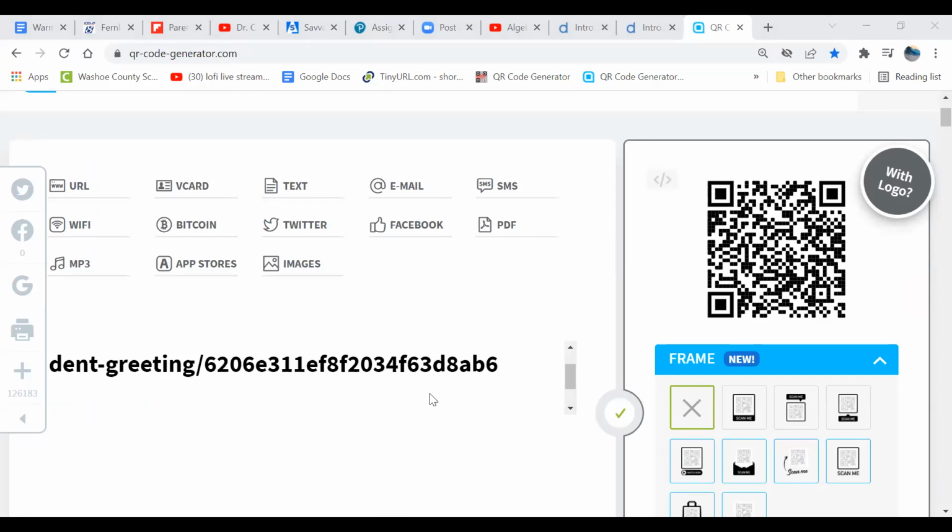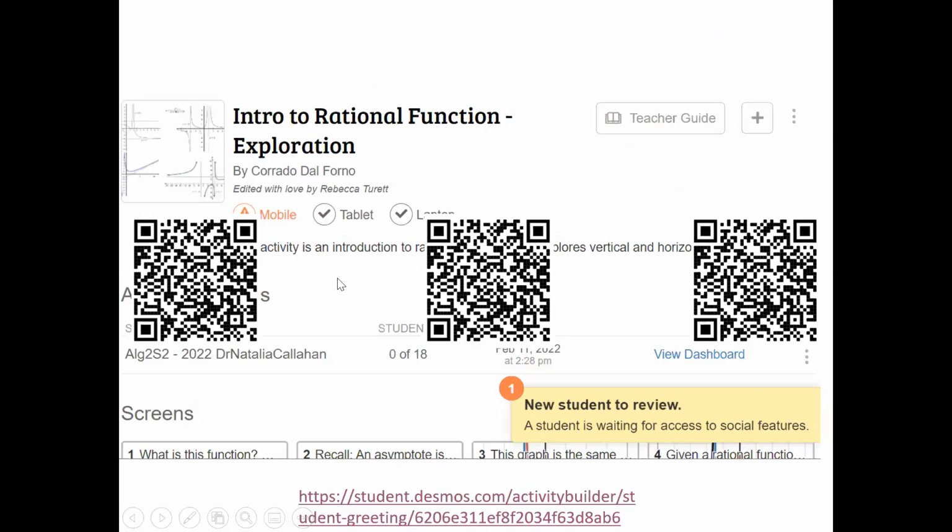So with your cell phones, go ahead and do that. You do, however, need to type in your name so that I know who you are so we can check you off to ensure that you have the points for it. And as you're navigating through the questions, make sure you save your answers so that I can see what you have.